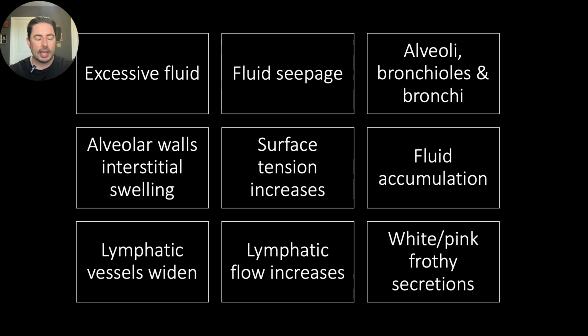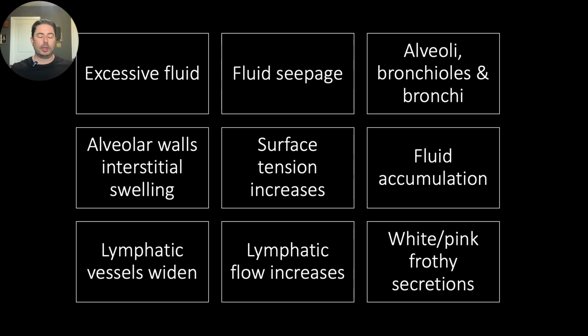And then what is our system that is kind of our trash removal? That's right, the lymphatic system. So when the lymphatics are overwhelmed, they have to dilate, and you get what's called lymphatic vessel widening, or dilation.